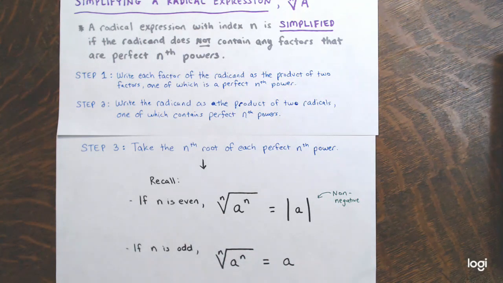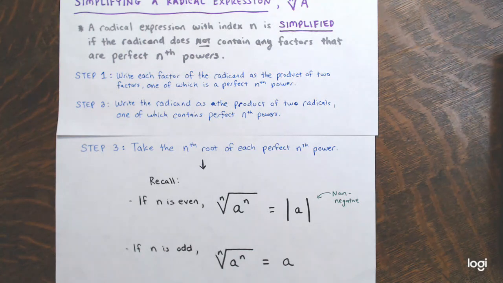As I mentioned in other videos, every positive real number has 2 square roots, one positive and one negative, and 2 fourth roots, one positive and one negative. Basically every positive real number has 2 even real roots, one positive and one negative.